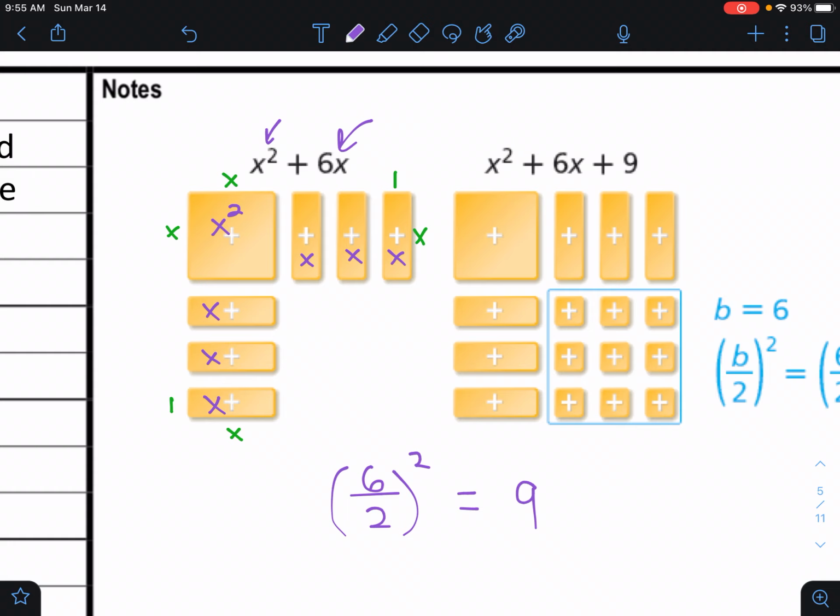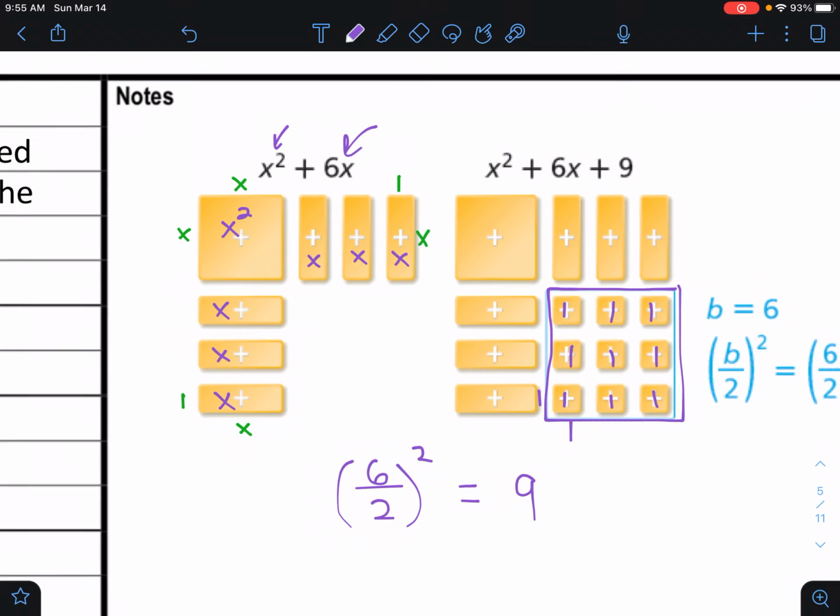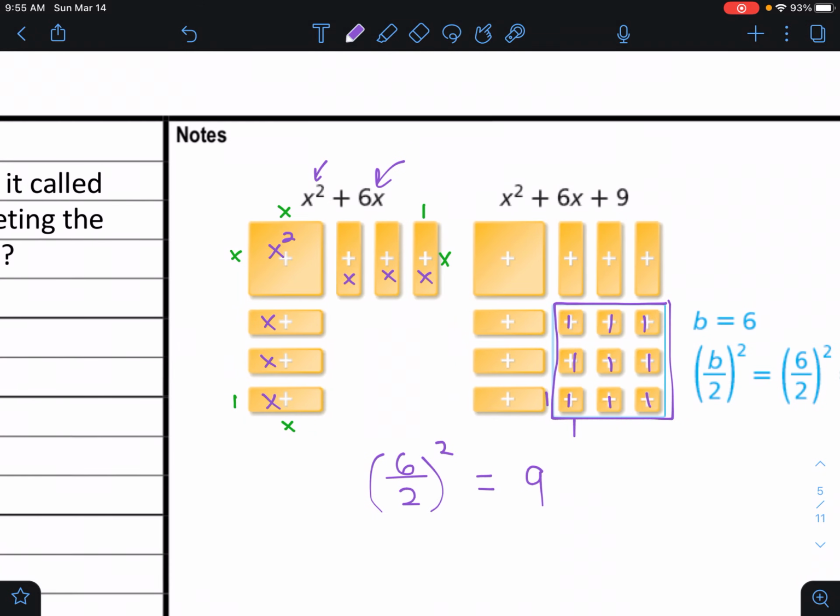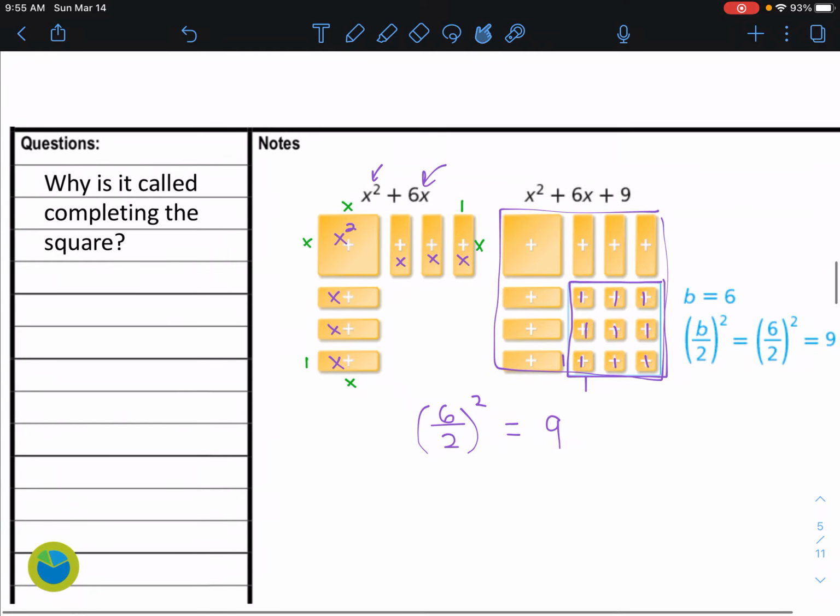Now notice if I add 9 of these, they are 1 by 1s, so these are each 1. There's 9 little tiles here. It's called completing the square because it makes a perfect square now if I add those together. It also makes it a perfect square trinomial, meaning if you put them all together, it forms a square.